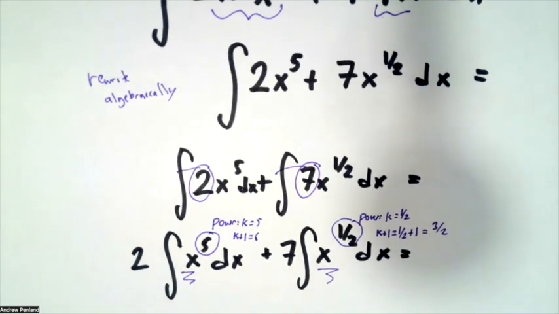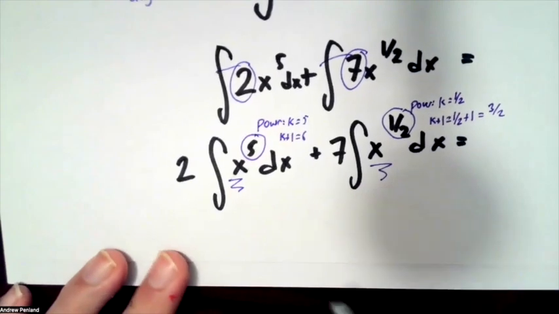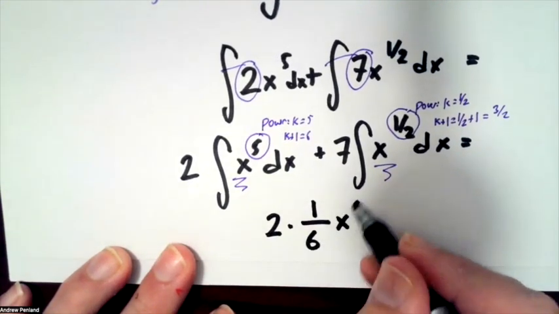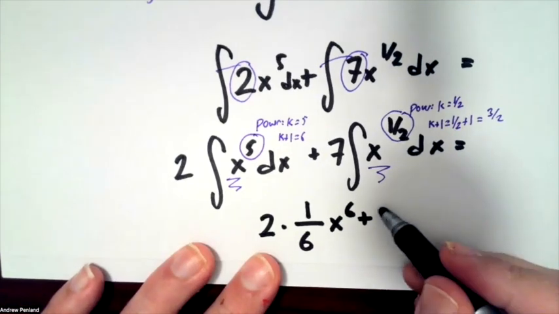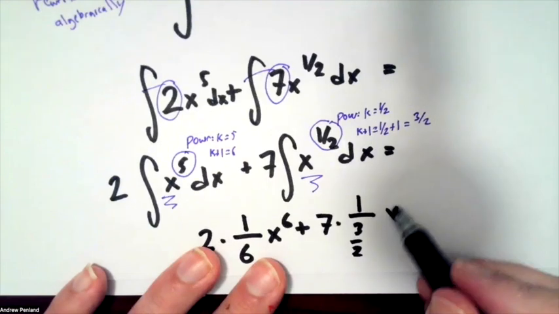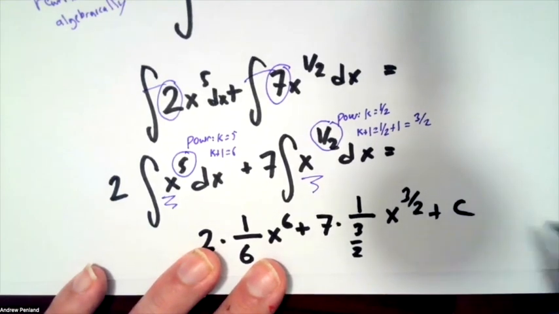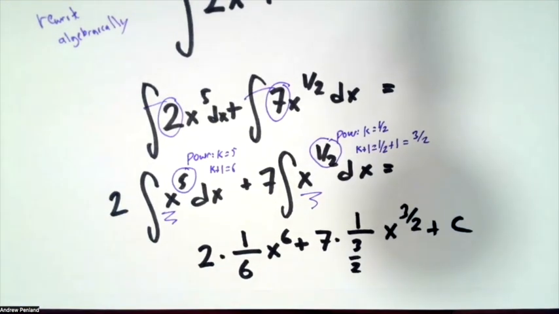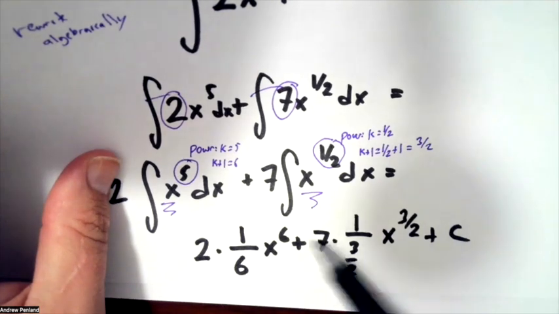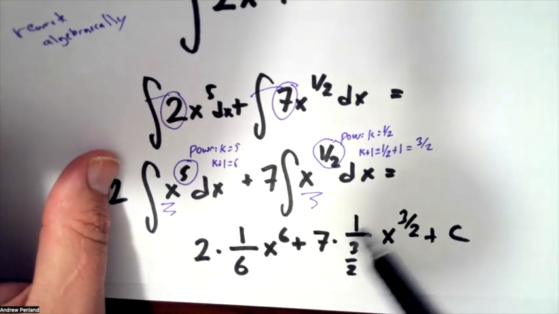Taking these and putting all of these pieces together, this is going to become 2 times 1 over 6 times x to the 6th plus 7 times 1 over 3/2 x to the 3/2 plus c. And I mean, we've gone this far. We might as well do this last little bit of taking 2 times the 1/6 and getting 1/3 and doing 7 times 2/3.